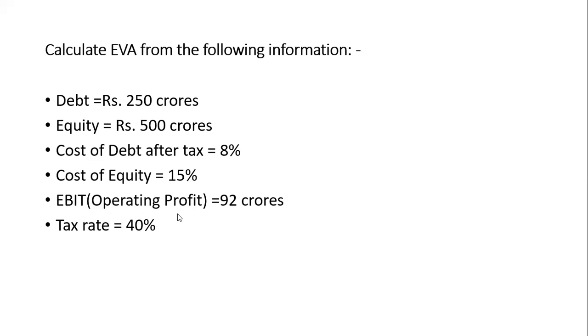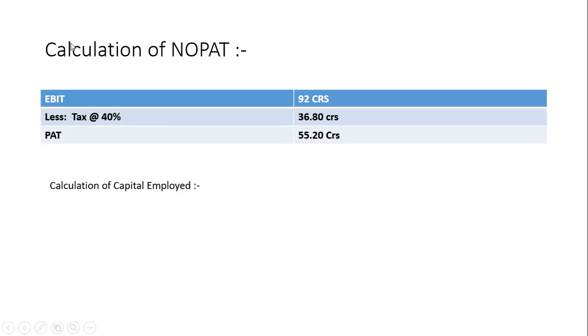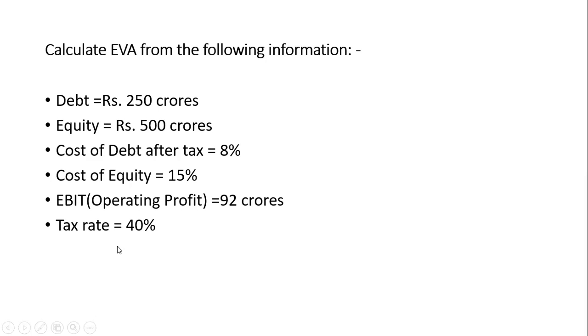The company is earning operating profit of 92 crores. Tax rate is 40%. Now, please note down this question. This is the dividend paid to equity shareholders, 15%. Interest paid after tax is 8%. This is our operating profit, EBIT, earnings before interest and tax, and the tax rate is 40%.